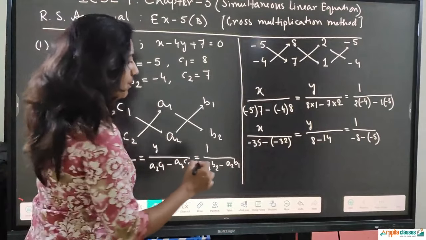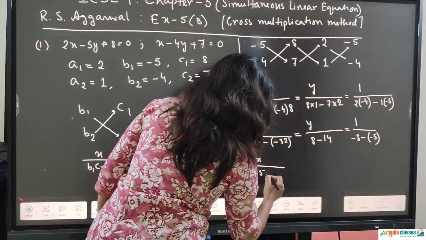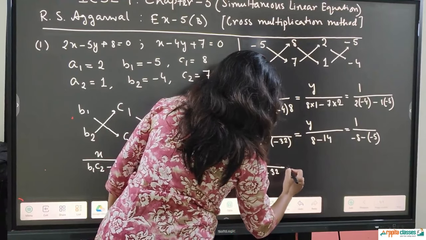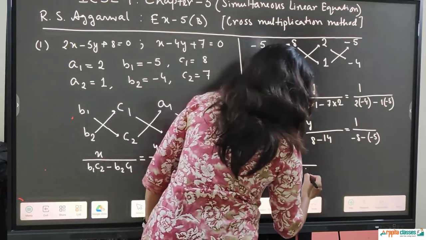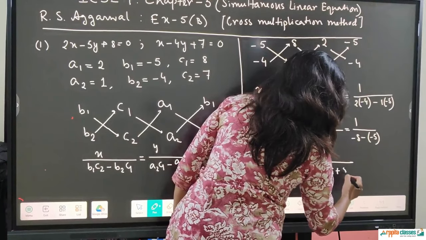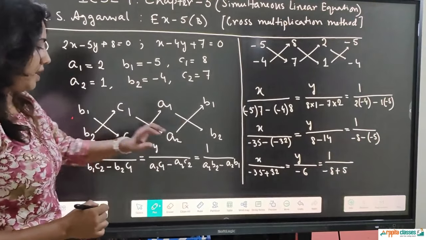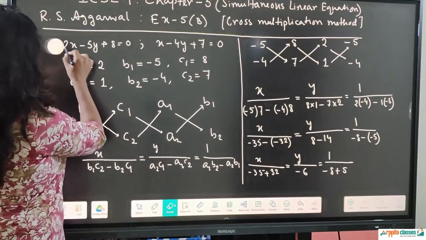I am doing all the steps, you can do it with me also. Now this will be x upon minus 35 plus 32 is equal to y upon minus 6, and this is coming 1 upon minus 8 plus 5. Now I'll just be doing it on this side. I'll rub this out.